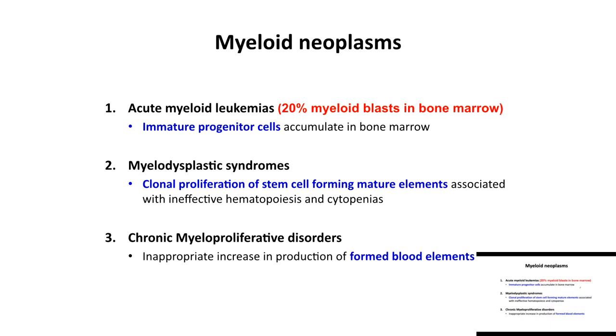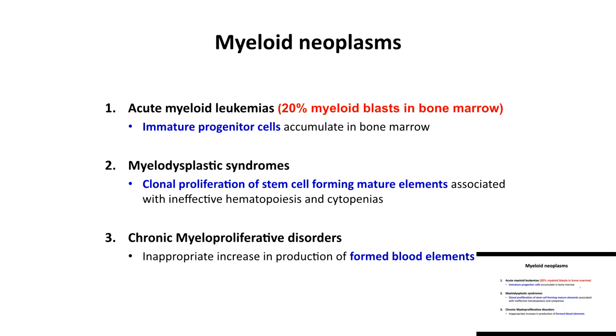The myeloid neoplasms, we generally would approach them in terms of the acute myeloid leukemias, and as you are all aware, the criteria for diagnosis is more than 20% blasts, myeloid blasts in the bone marrow. And then there are the chronic myeloproliferative disorders like chronic myeloid leukemia, polycythemia vera, myelofibrosis.